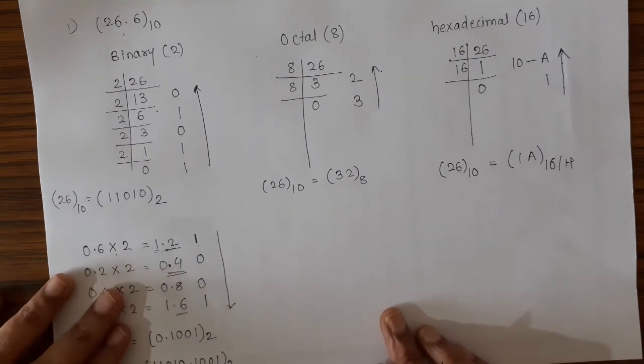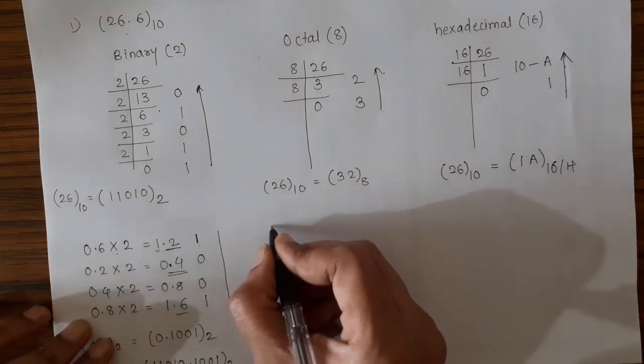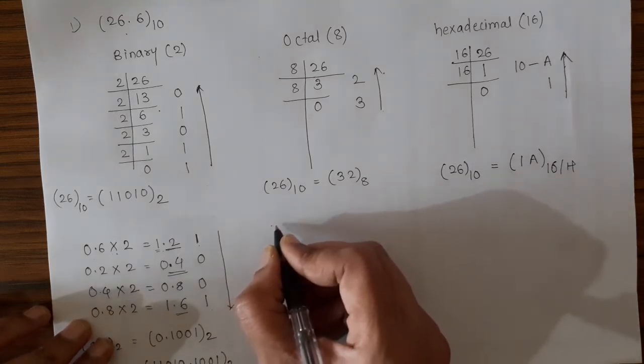Next, we will see how to convert 0.6 in the octal numbering system. In the octal numbering system, the base is 8.